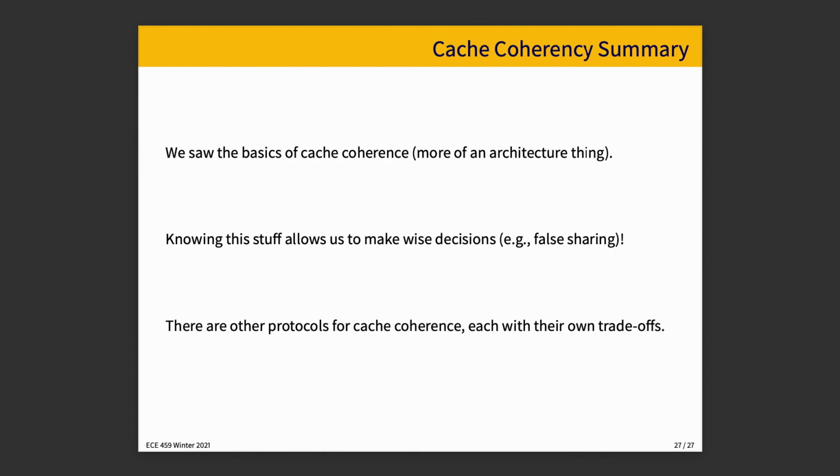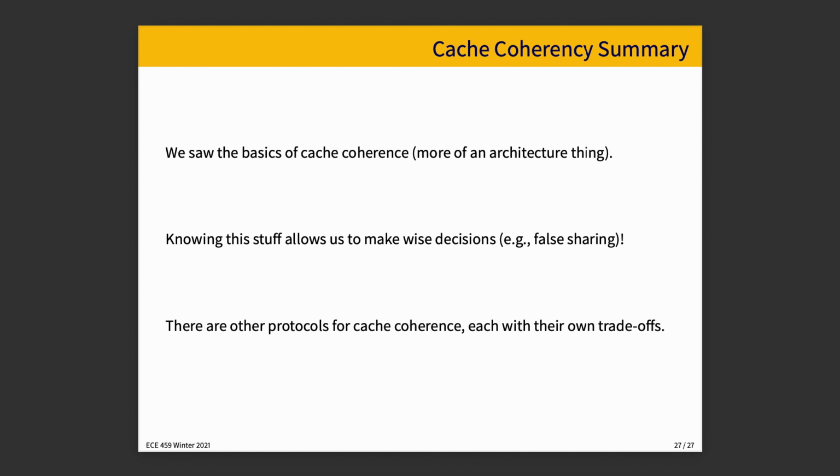Is the false sharing problem real? Also, yes. All right, so to give sort of a quick summary, we saw the basics of cache coherence, and although we acknowledge it's more of an architecture thing, you can see how it might have an impact on your program, and knowing this allows us to make wise decisions. That is, we can think about things like, is there the potential for false sharing between these pieces of data, and if so, we can add a little bit of separation.